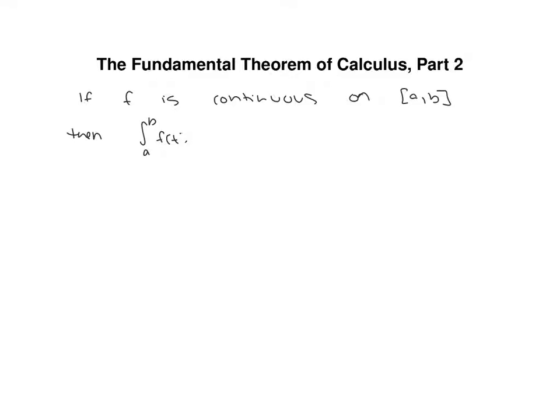You find an antiderivative. The integral is equal to capital F of b minus capital F of a, where capital F of x is an antiderivative of little f of x.